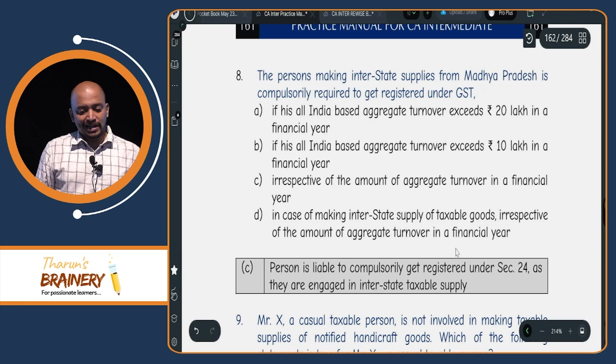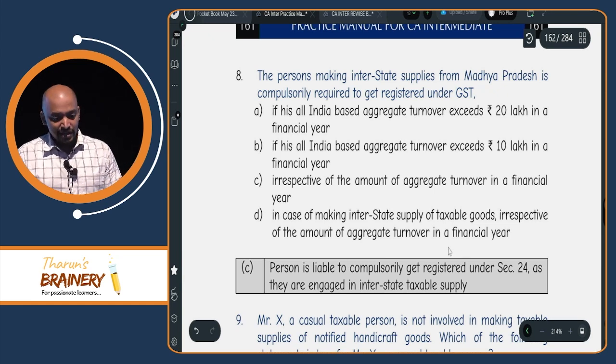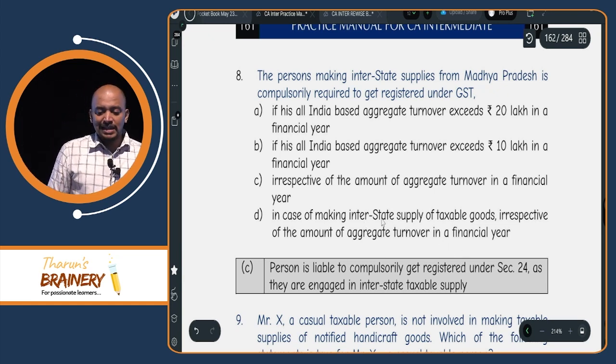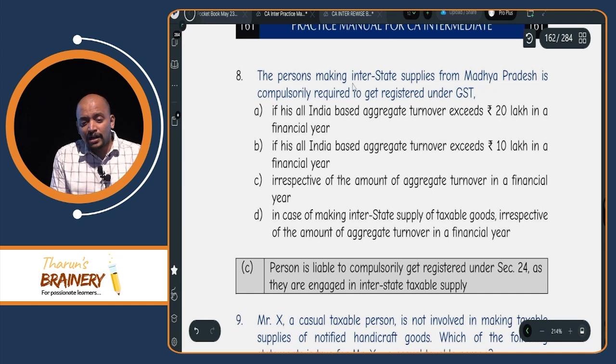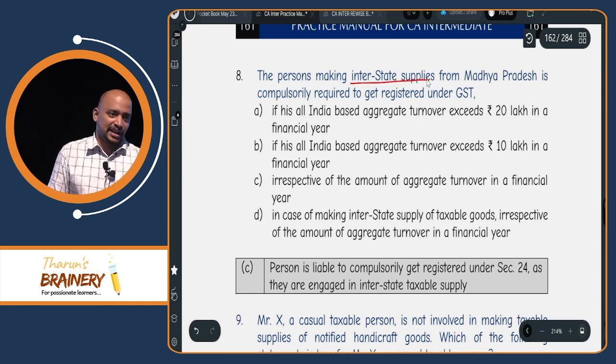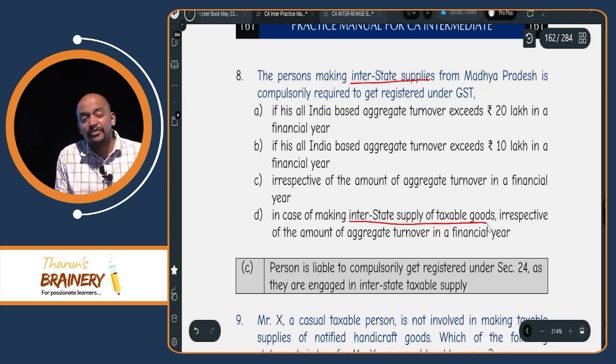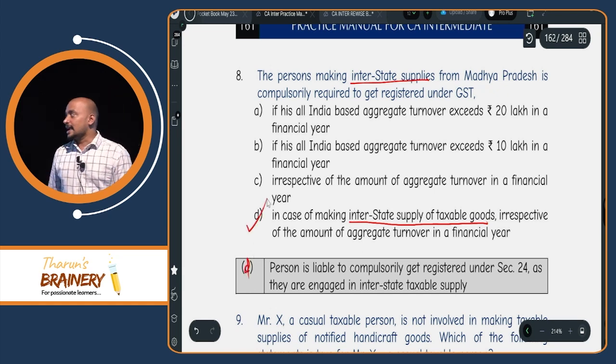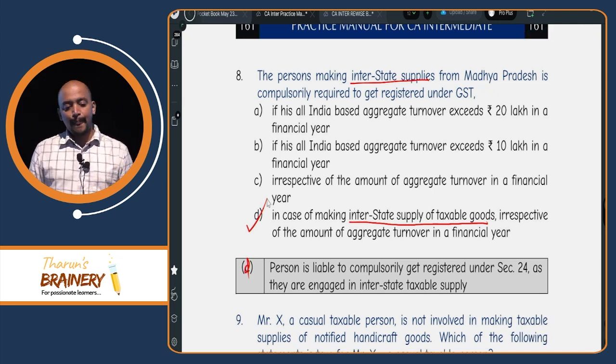So actually the answer is D. It is not C. Why? Because not in all interstate supplies they are compulsorily required to get registered. They are compulsorily required to get registered only in case of interstate supply of taxable goods. So please write answer D as the answer. So write there D, not C.